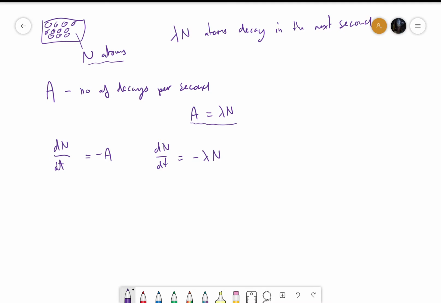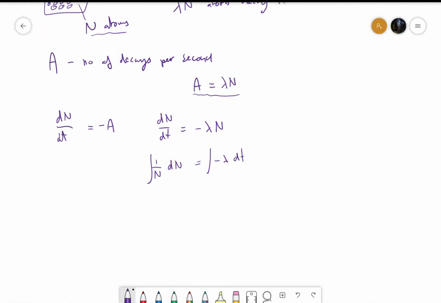If I divide across by N, that is multiply by 1 over N, and integrate, I have this type of thing. Integrating 1 over N gives me log N, and integrating minus lambda with respect to t gives me minus lambda t, plus c, my constant of integration.